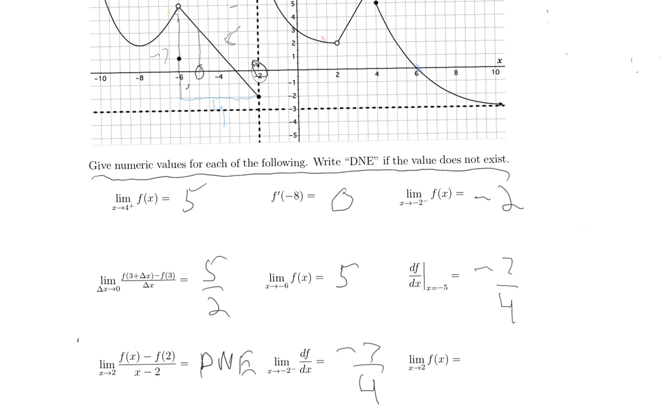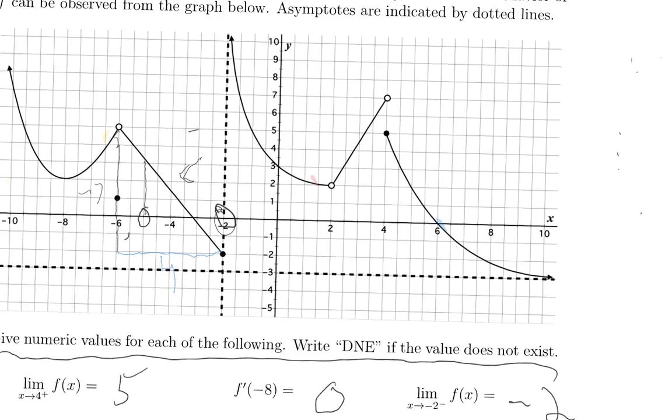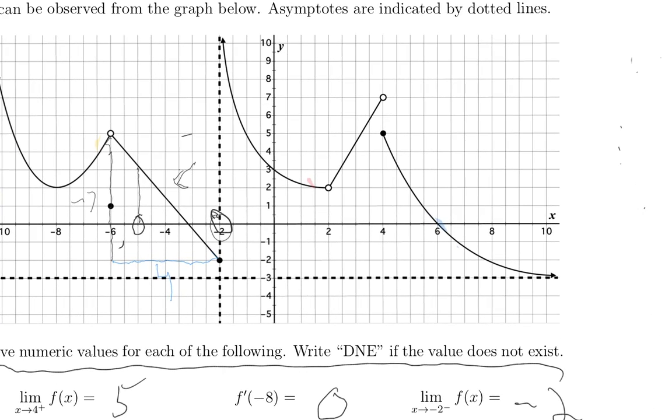Finally, one last question is to find the limit as x approaches 2. So this is a full limit once again, so we're going to need to look as we approach from the left and right. Let's zoom in on our x equals 2 and approach from the left and right.